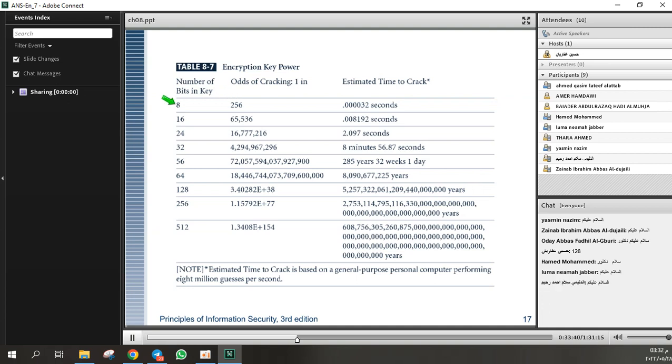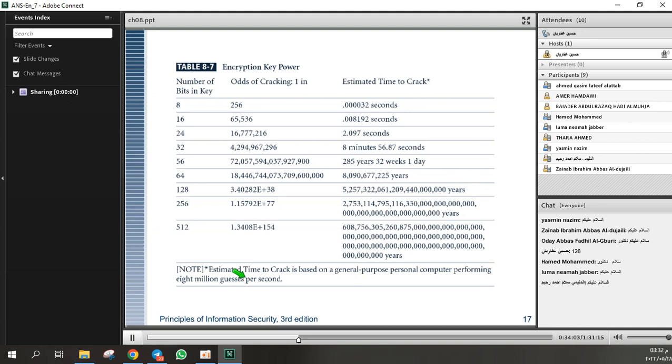For example, if I use a general purpose computer, this computer of mine performs 8 million guesses per second. I want to decrypt a text using a brute force attack.